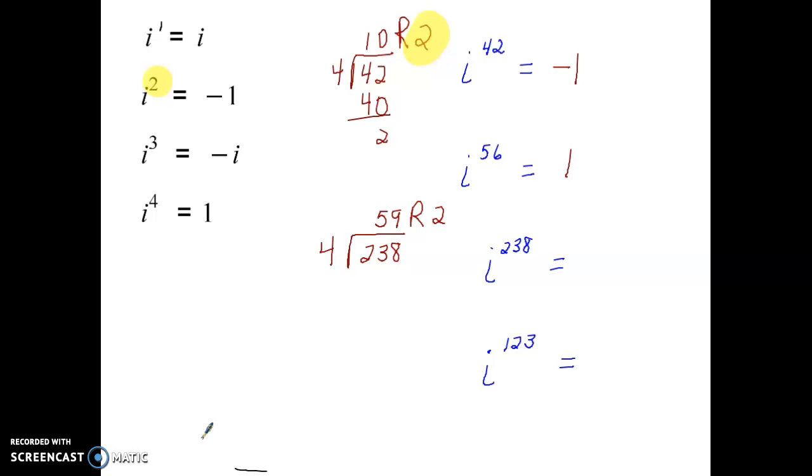That means i to the 238th power should be the same thing as i squared. And then my last one, 123. 4 will go into 123 30 whole times. There will be a remainder of 3. That means in this example, I would want to use the answer for what i cubed equals. i cubed equals negative i.